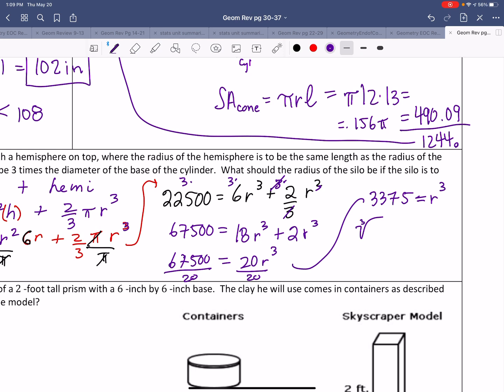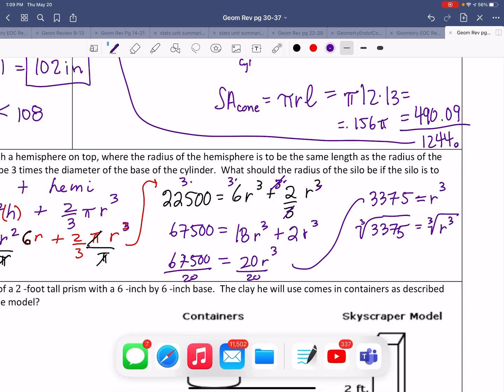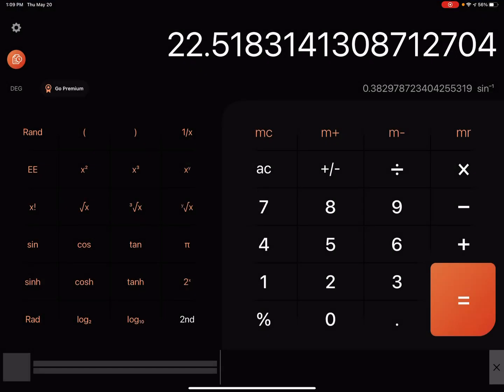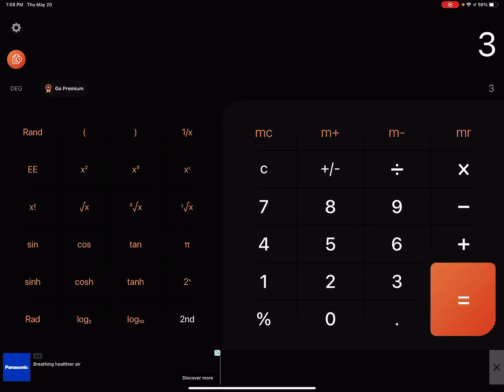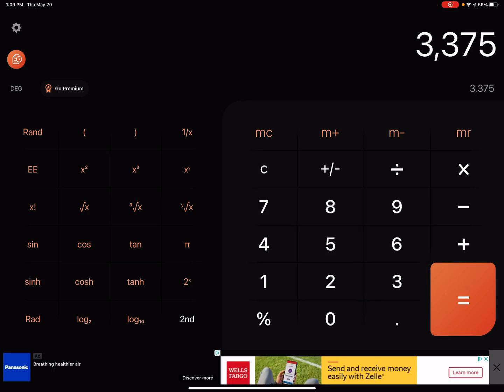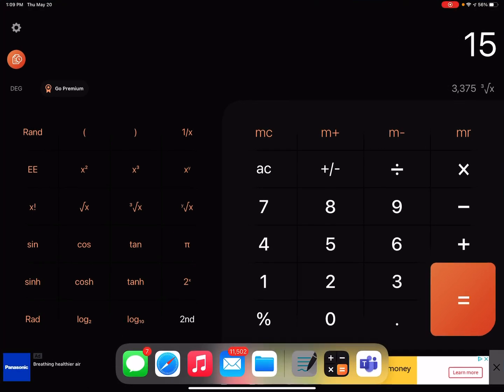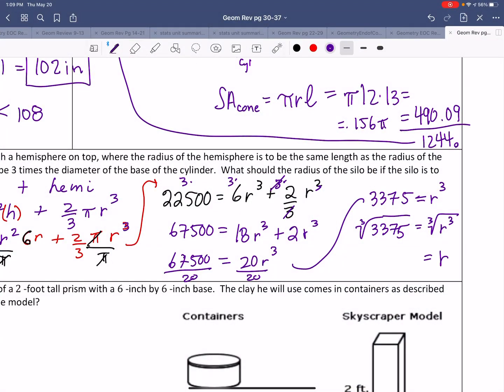So I have to take the cube root of both sides. My calculator lets me do this, so I'll let you in on how I would do this. If I go to my calculator screen, the cube root of 3375, and then I actually have a calculator button like that, so it says 15. So radius is 15.